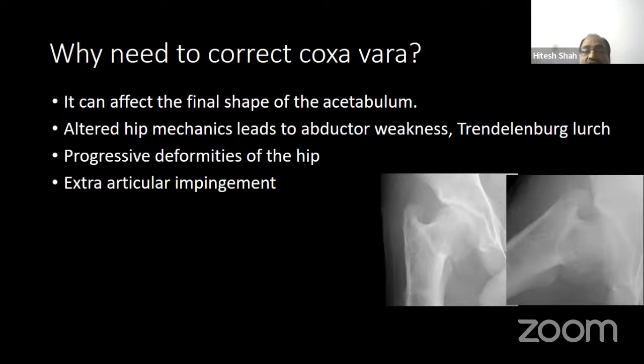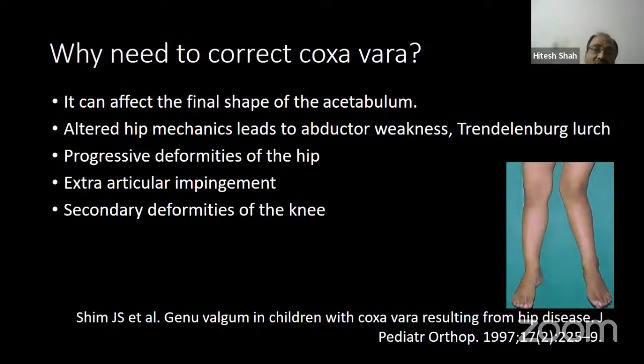You can see the greater trochanter is higher, and with 25-30 degrees of abduction, the greater trochanter is impinging on the pelvis, and that can lead to limitation of abduction and extra-articular impingement. That is the reason it is necessary to correct Coxa Vara.